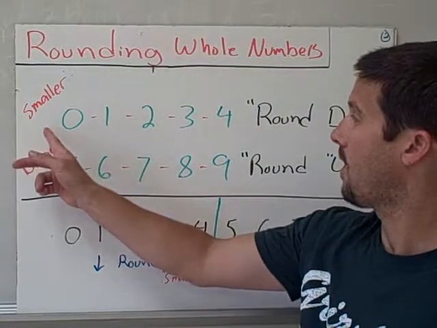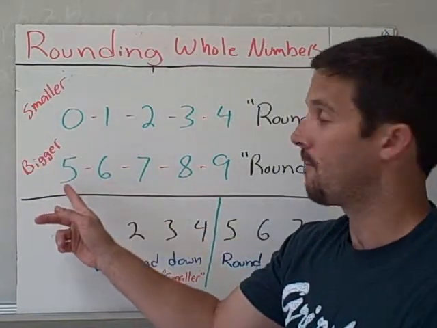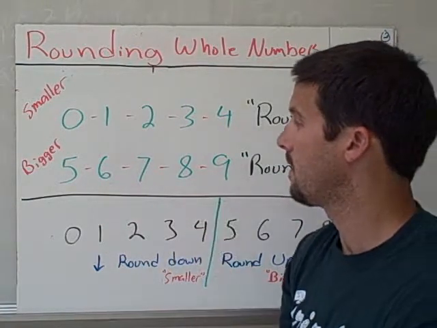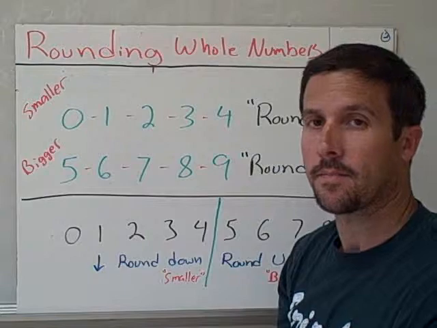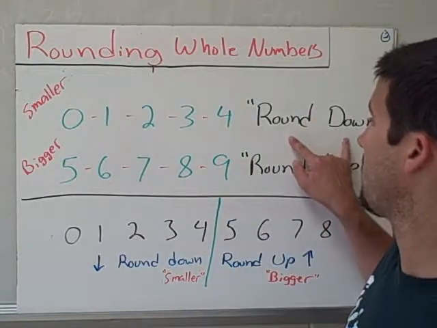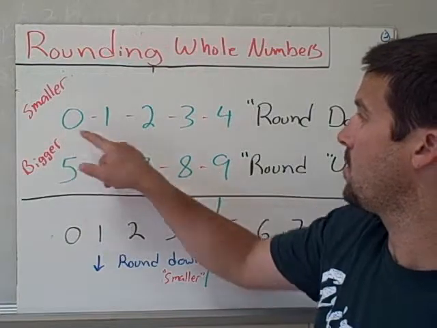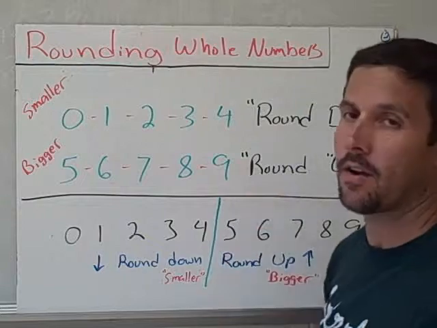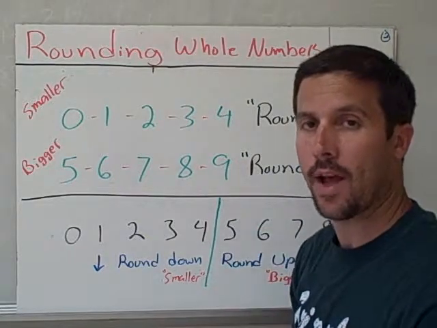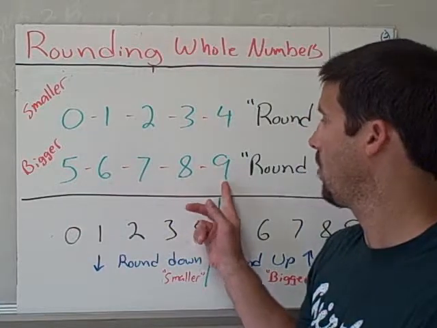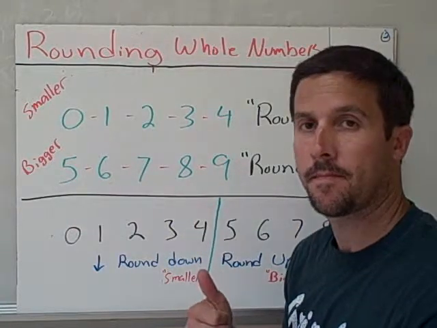They're smaller, obviously, because they're smaller than 5, 6, 7, 8, and 9. So remember that right there. Now, what we're going to remember is that the numbers 0 through 4, we're going to round down. Just remember that for now. We're going to apply it later. For the bigger numbers, 5 through 9, we're going to round up. Okay?